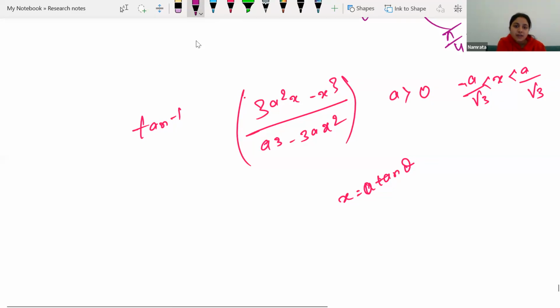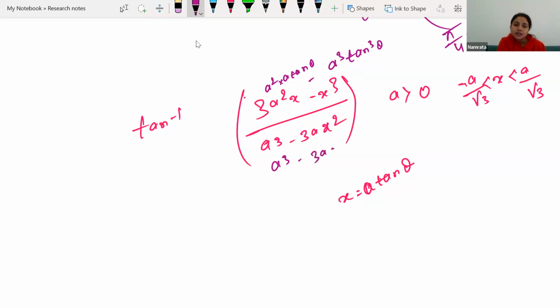So here we'll be having a square into a tan theta minus a cube tan cube theta, and here also a cube minus 3a into a square tan square theta. The first term and the second term both will be having a in the numerator and in the denominator.